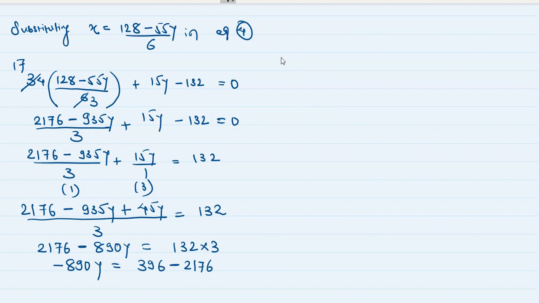Okay, so here we have minus 890y is equal to minus 1780. Minus 890y is equal to minus 1780. Okay, so this gets cut right away and y is equal to 1780 divided by 890.